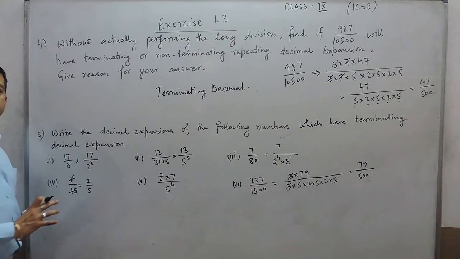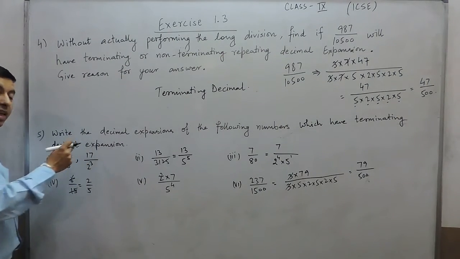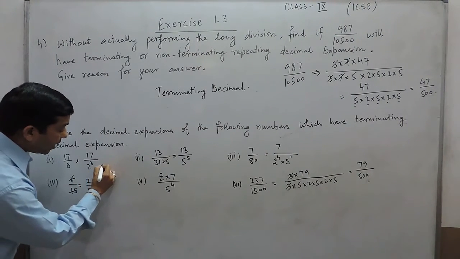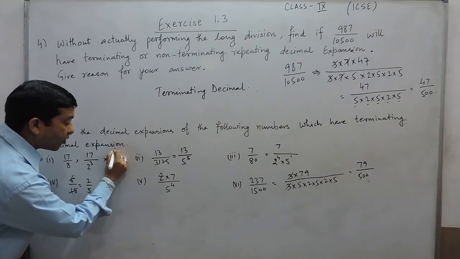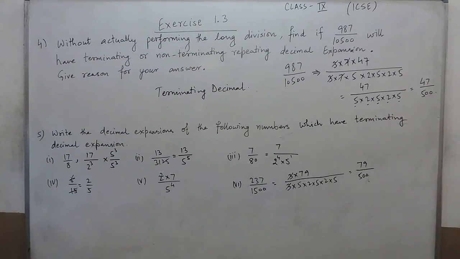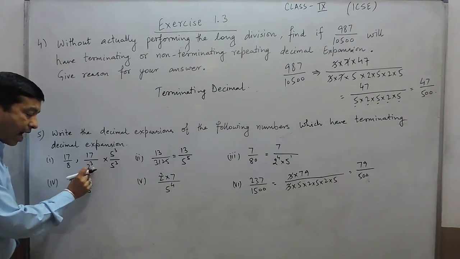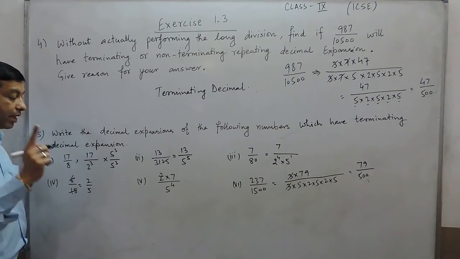If we want to solve this, there are two methods. One is to divide 17 by 8. Another is to multiply 5 cube in the numerator and 5 cube in the denominator. Because we multiply by as many 5s as there are 2s, 2 into 5 will make 10.